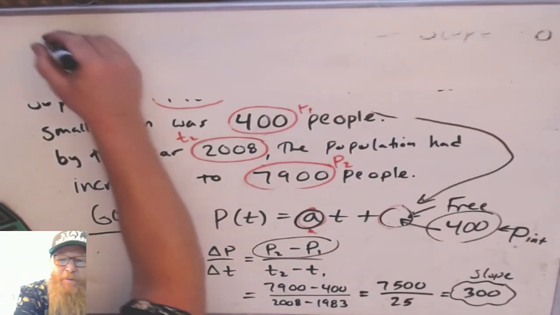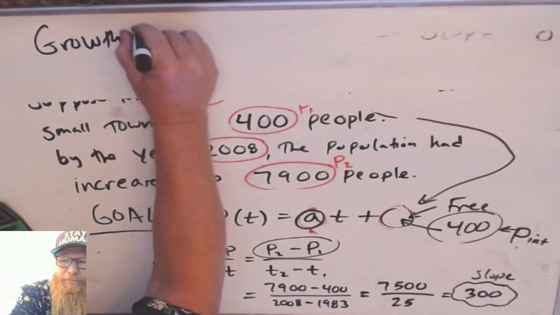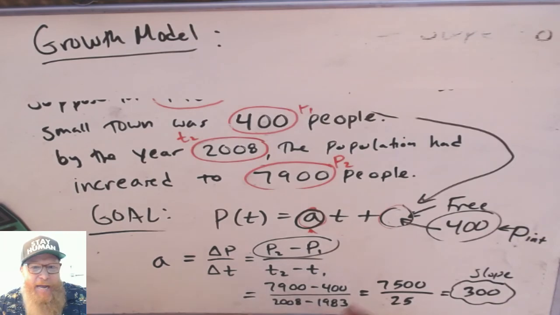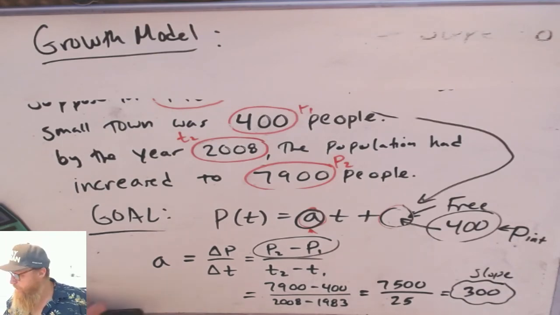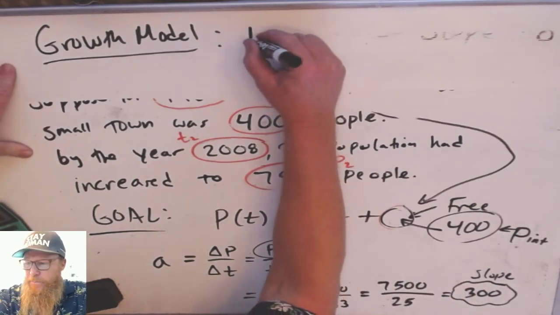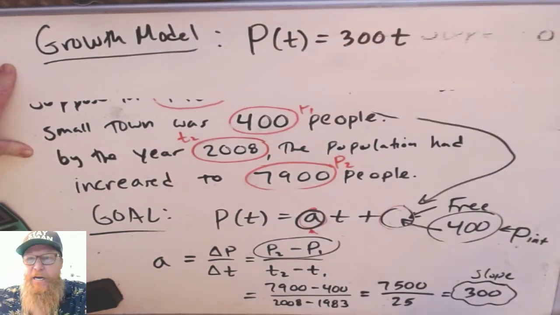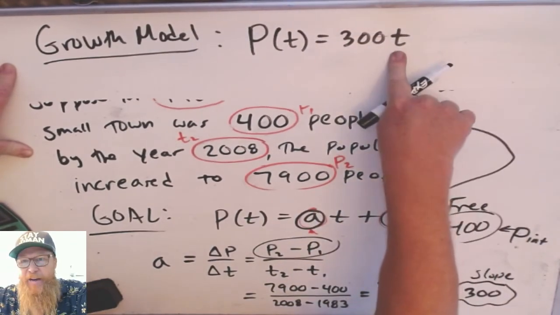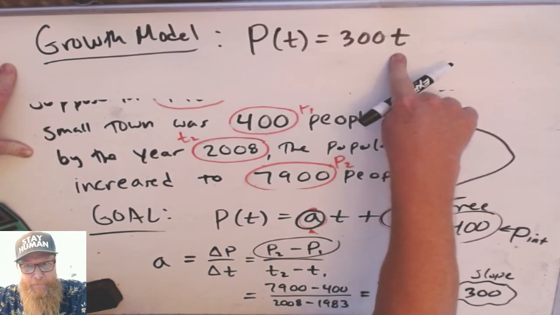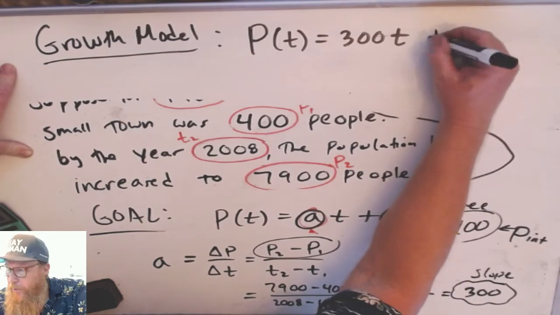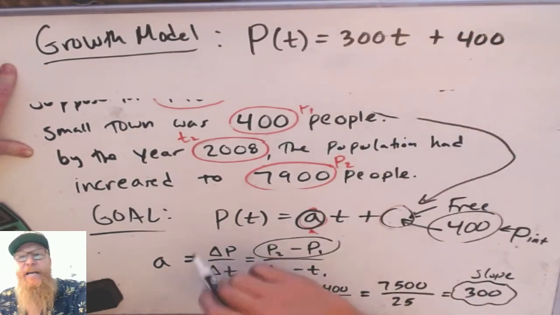So our growth model, and the same thing works for animals, you know, dogs, cats, sheep, bison, whatever, humans, rabbits, whatever. So your growth model is P of T is 300 people per year. So put the variable next to the slope. That tells you how many people per year are moving into this town, plus the initial population in 1983.